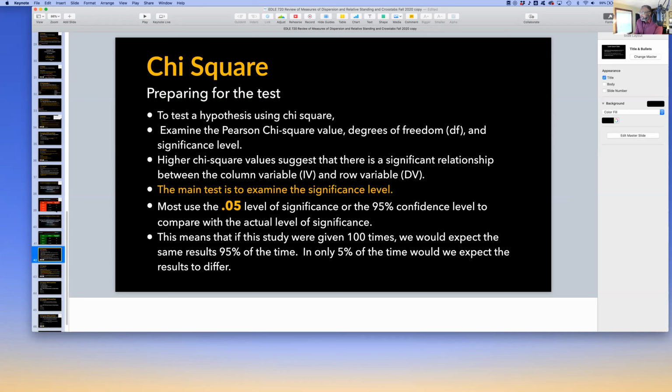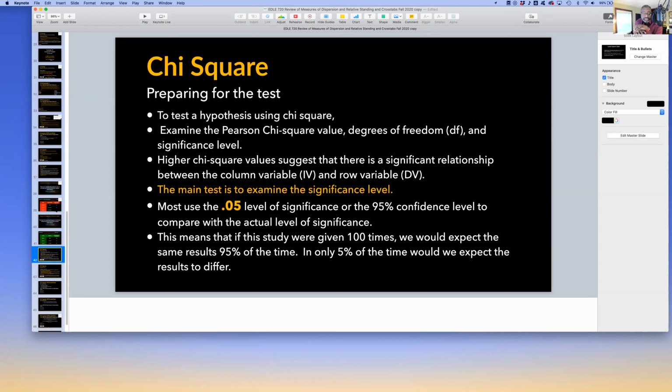And if it's 0.05, it tells you that if this study were given 100 times, we should expect the same results 95 times out of 100. Only 5 times would we expect for the results to differ.